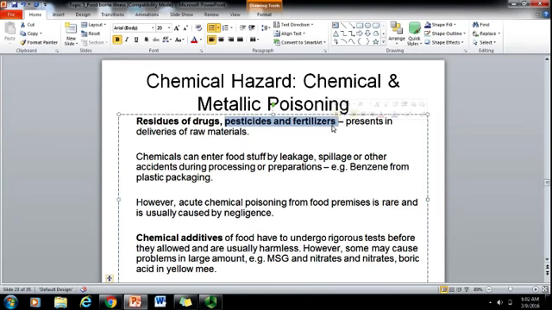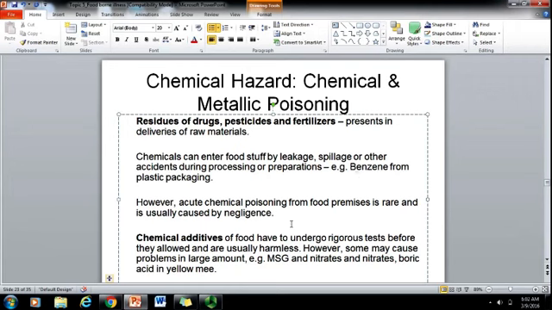And there are cases where chemicals enter or spill into the food during food processing or food preparation. Such an example is benzene contamination that comes from plastic packaging, right?